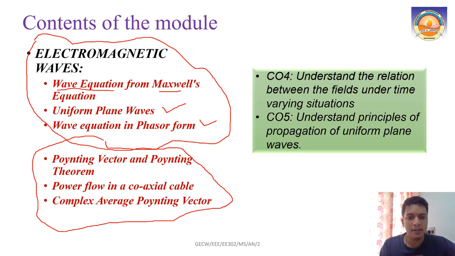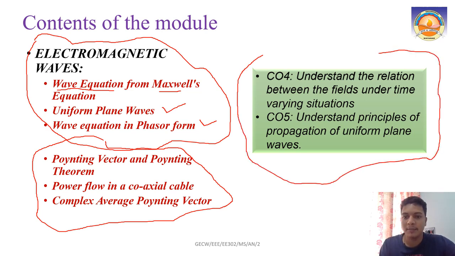By going through all this, the course objectives of this module, which are basically applicable for the coming two modules, are these. What are the course objectives? To understand the relation between the field and the time varying conditions, right?